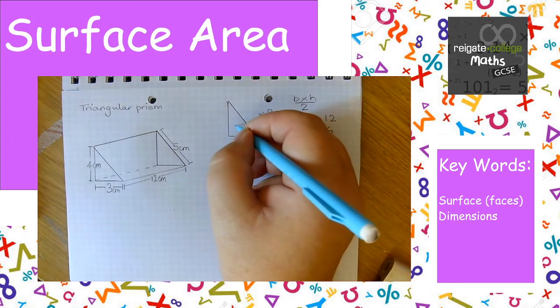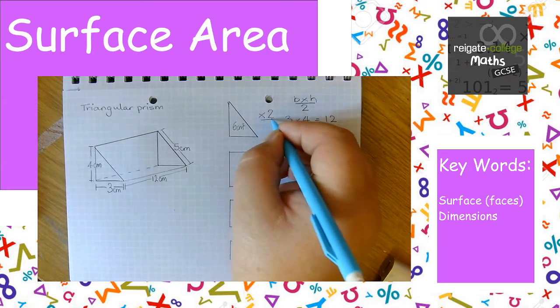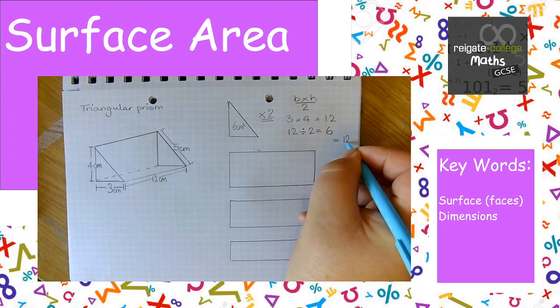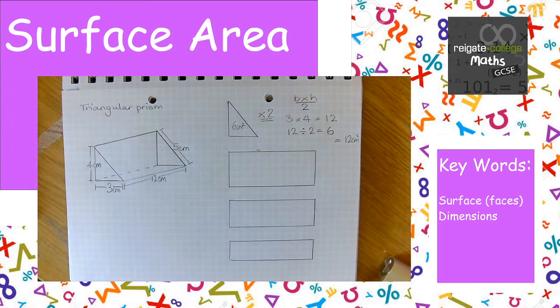So this triangle here has 6 centimetres squared, but like I say, we have 2 of them. So in total, we have 12 centimetres squared for the front and the back triangle.